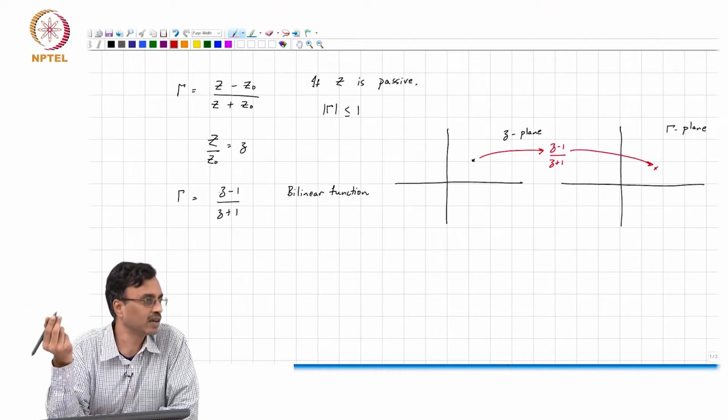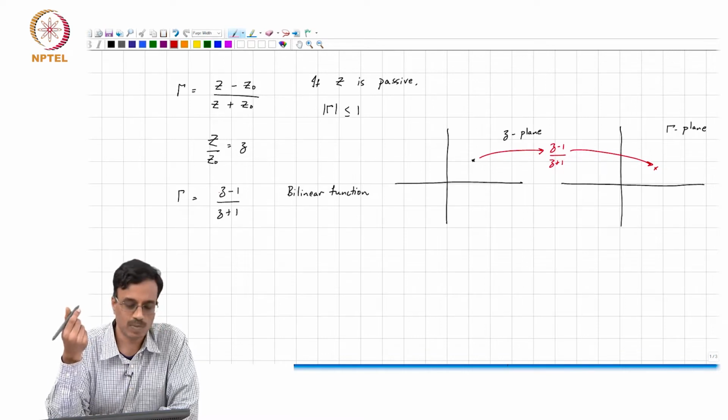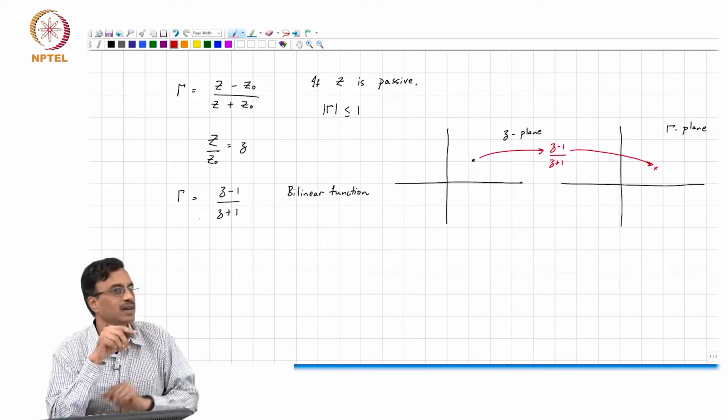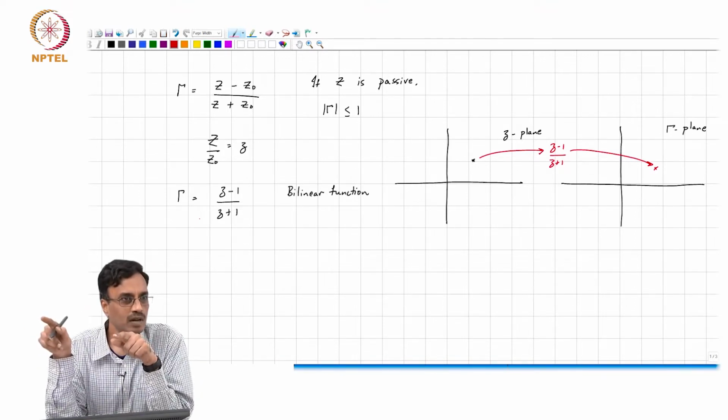Small z is a complex number, right? You compute small z minus 1 by small z plus 1, which happens to be the reflection coefficient in our case, right? You will get another complex number, right?